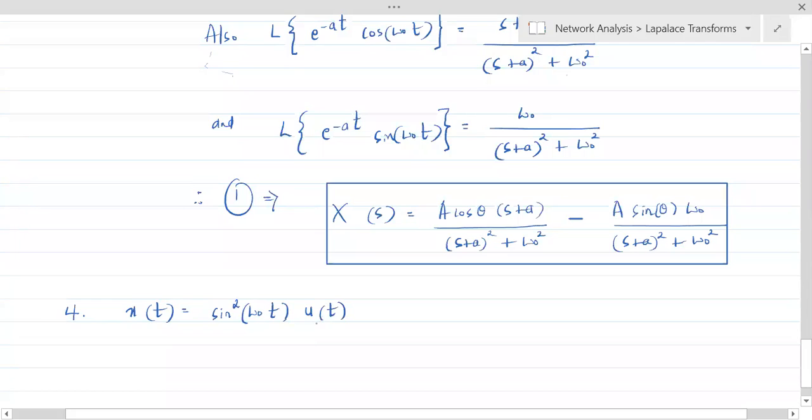Wherever this u of t comes along with a function of t, it is just a range defining function. What actually is given is sine square omega naught t. Understand that?